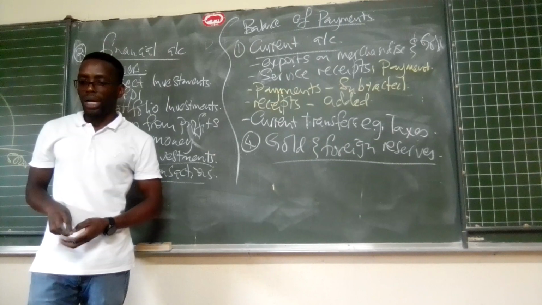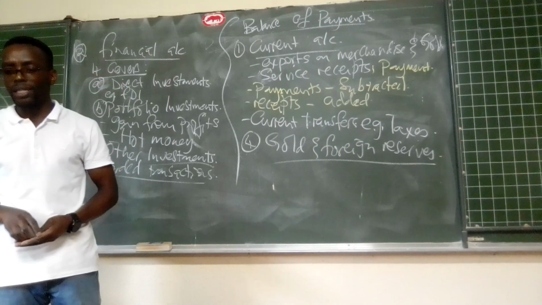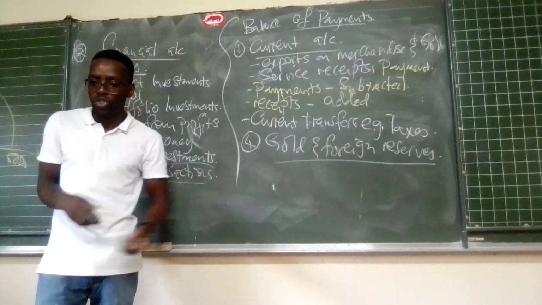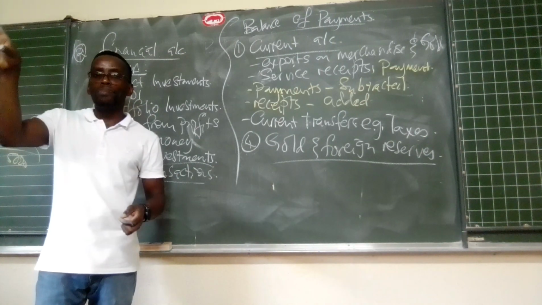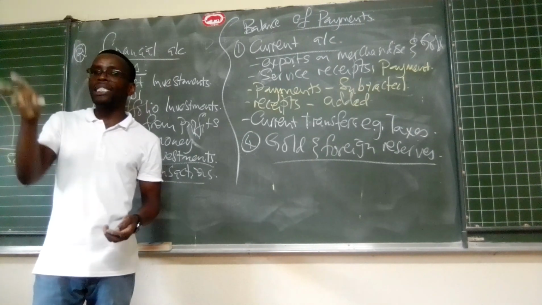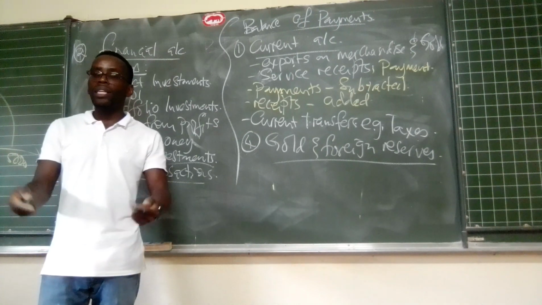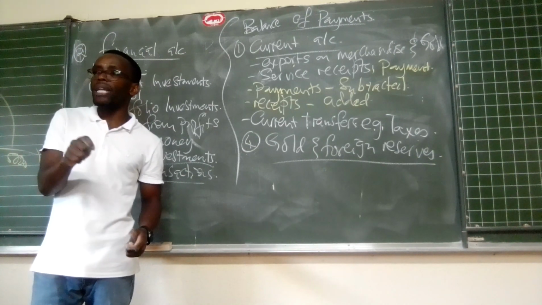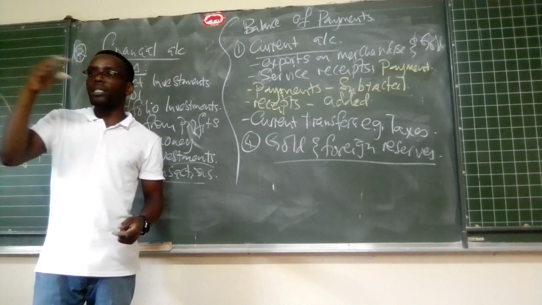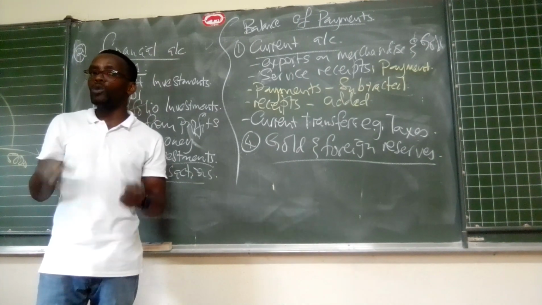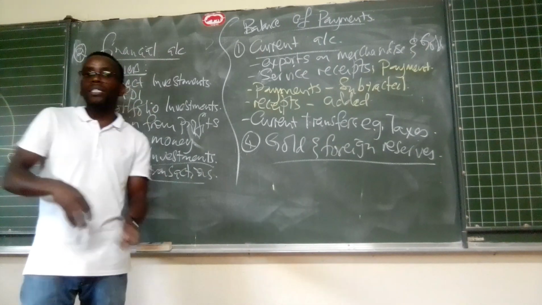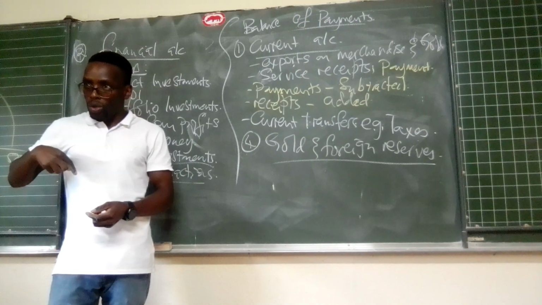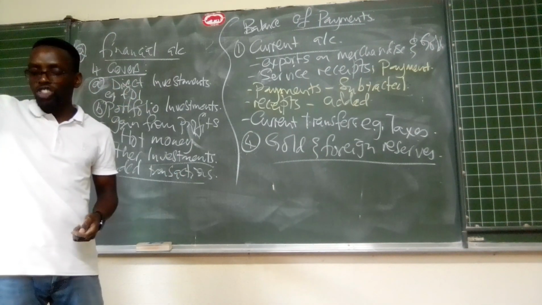You do need to understand that when a business operating in South Africa sells its merchandise to an Australian company, the Australian company would expect to be paid in Australian dollars. And if the business operating in South Africa sells products to an Australian company, the South African company would expect to be paid in South African rands, whilst the Australian company selling goods to us would expect to be paid in Australian dollars.